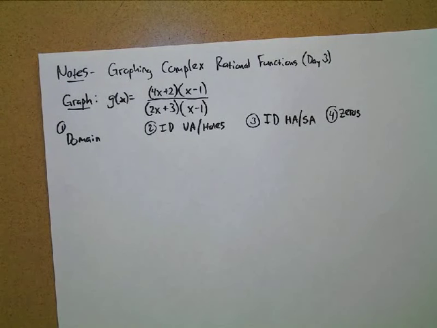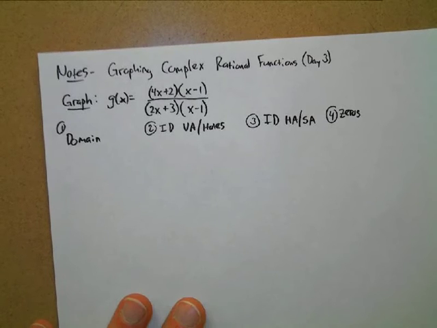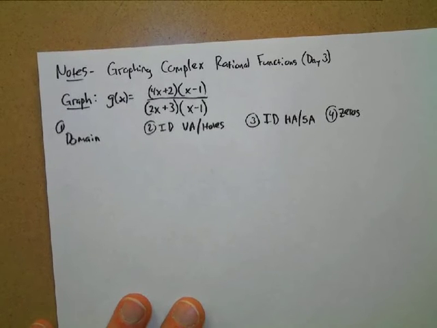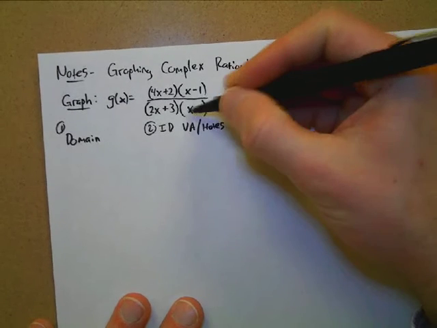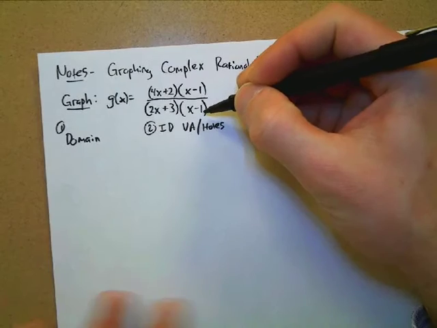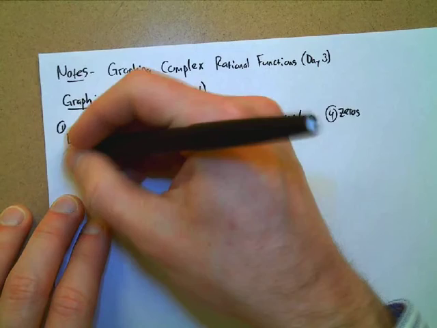Number 1, the domain. What are our domain restrictions going to be here? What x values are going to give us problems? 1, yes, because if you look here, x minus 1, if that were equal to 0, we're just going to say x minus 1 equals 0 here, and so we get x equals 1 when we solve.